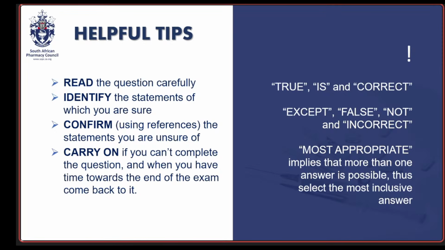Most appropriate, sometimes that one is a bit difficult because it may be that there is somewhere another answer that can possibly also be correct. But you must remember there's always only one that is most appropriate. So look out for those. We will have examples in our questions later on that you will see how you must go about those.